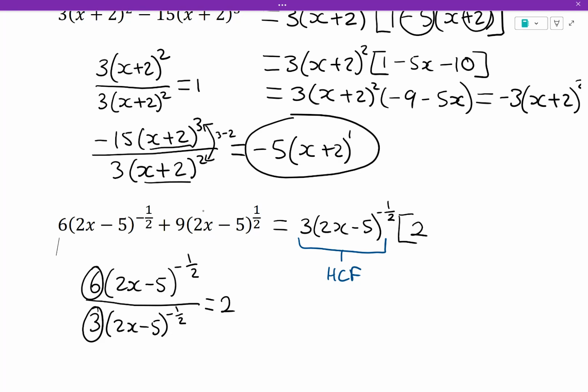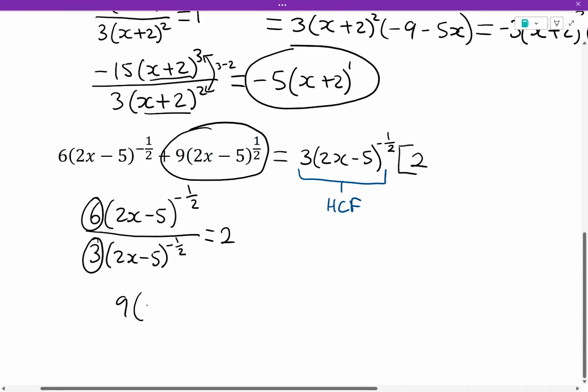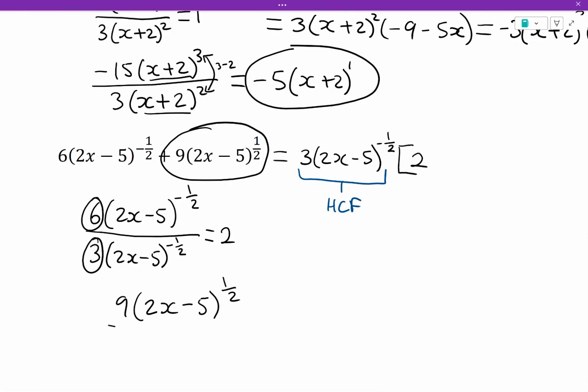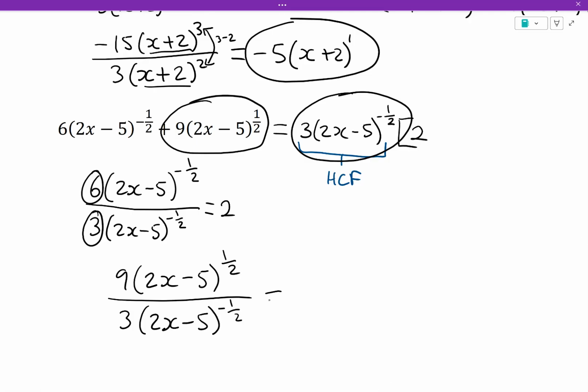Now let's do our second term. This term here, we're going to divide that by our highest common factor. So 9 lots of 2x subtract 5 to the power of a half, divided by our highest common factor, 3 lots of 2x subtract 5 to the negative a half. Let's go through. 9 divided by 3 is 3. Now the bases of our powers are the same. We've got 2x subtract 5 in both cases, so I'm going to write that here.